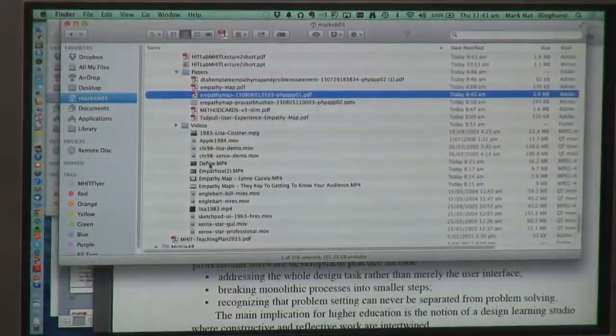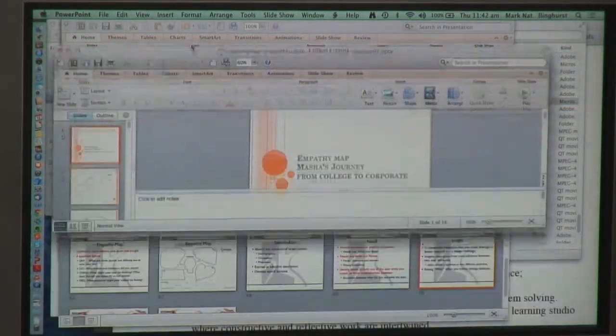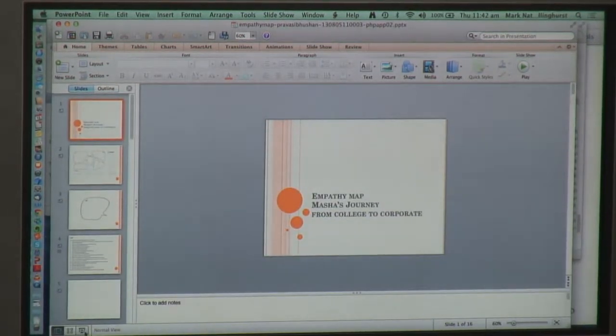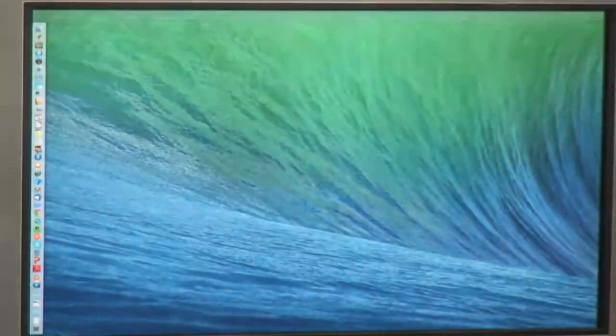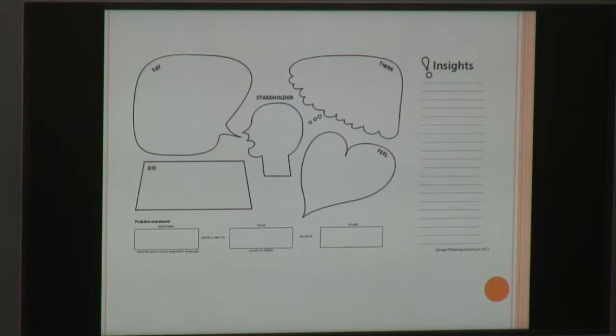It's in a similar area, so this is also looking at the challenge of getting a job after university. So they started with the empathy map here, and first of all the say.